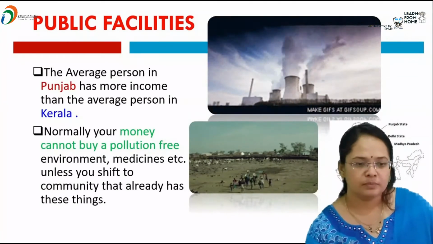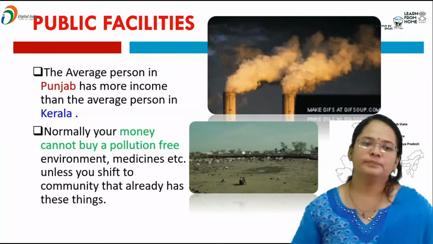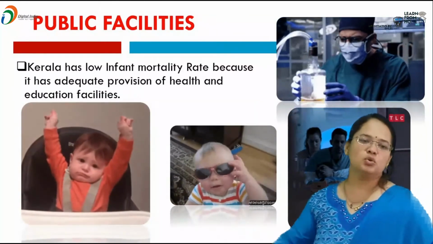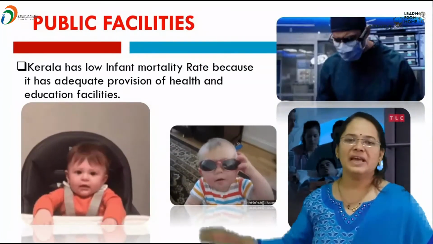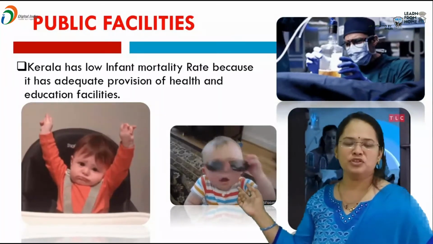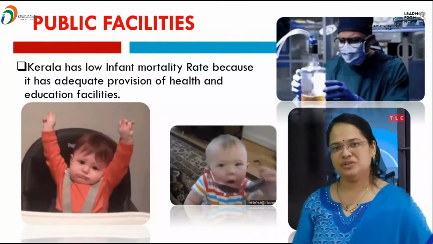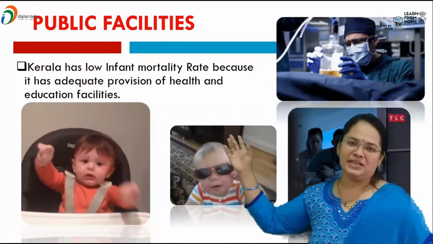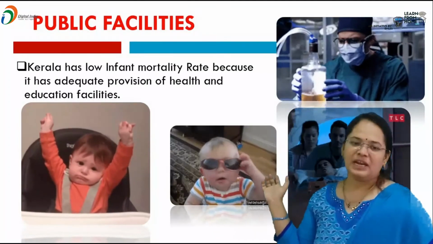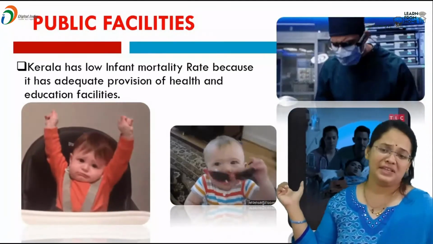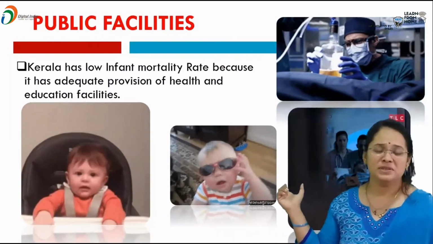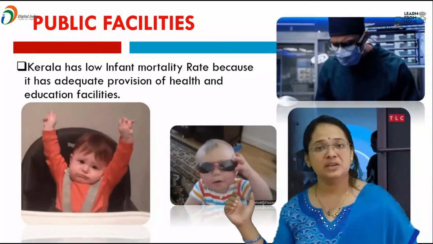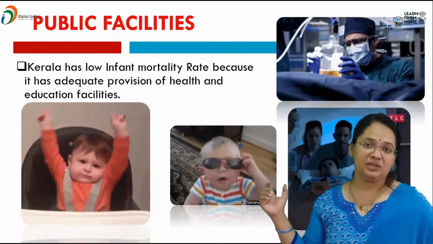Okay. So in case of Kerala, the infant mortality rate is low because they have adequate provision of health and education facilities. Yes, because in every village and every city they have good healthcare centers, hospitals, doctors, and they try to maintain the quality of health.